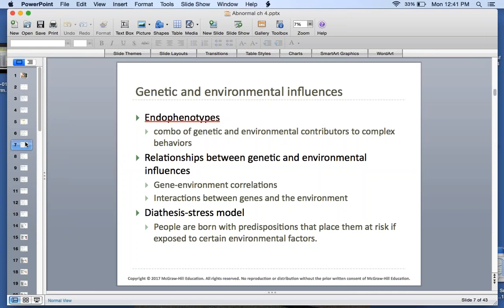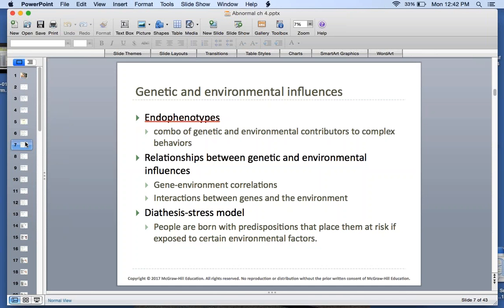Gene-environment correlations, interactions between genes and the environment, and here's that term that I said I would talk about in a minute: the diathesis stress model. This is the idea that people are born with predispositions, so genetic predispositions, meaning you're born with a set of genes. These particular genes put you at risk for developing, let's say, schizophrenia. Now, interestingly, two people, let's say identical twins, may have the exact same genetic predispositions.